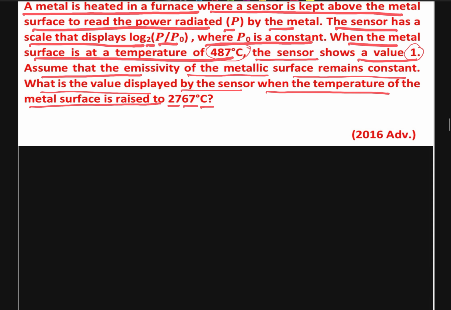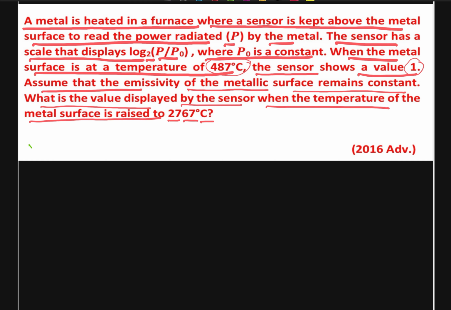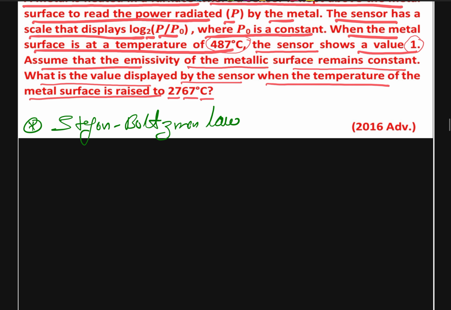So we start with the Stefan-Boltzmann law, which gives us that the power radiated P is equal to emissivity, Stefan-Boltzmann constant, area and temperature raised to power 4.